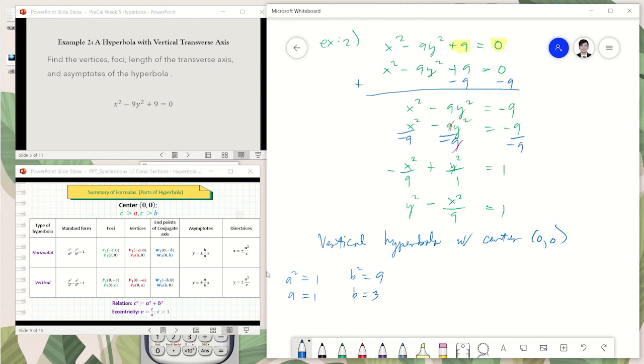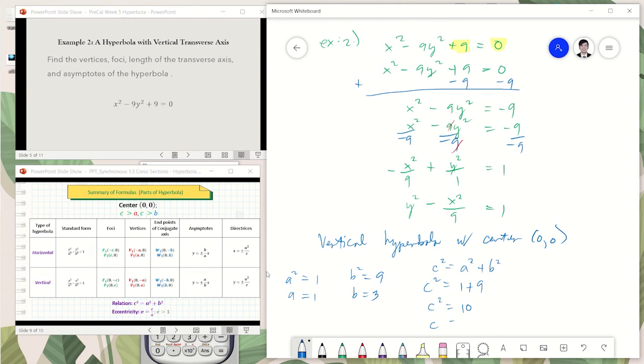Then now, for the c, use the relationship between the three of them. So c squared is equal to a squared plus b squared, where a squared is 1, and b squared is 3 squared, so 9. Then 9 plus 1 is equal to 10.